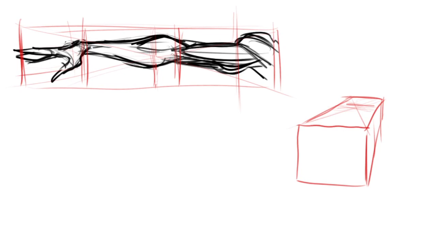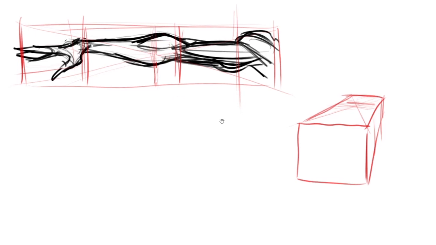This is a little tougher, but we can kind of use how much space these parts take up within this overall block as a guide. So, all right. So we've got the middle point there. I'll kind of ghost in another X so I can find the halfway point. And then I know the hand is a little forward of the halfway point. So that's about where the wrist is going to fall.